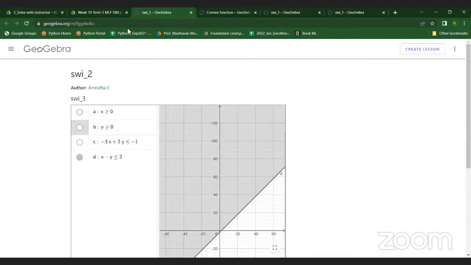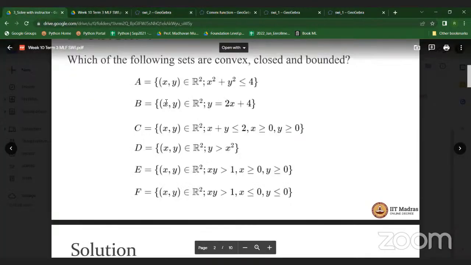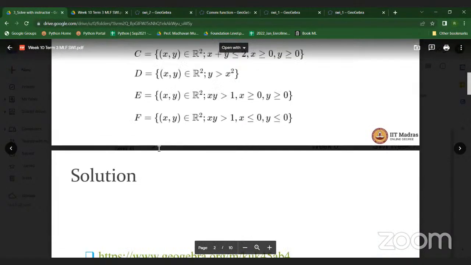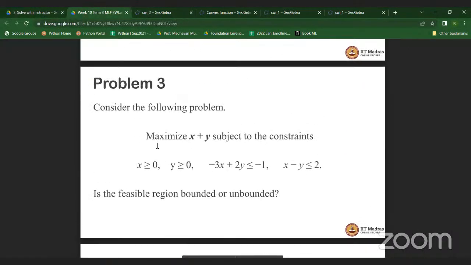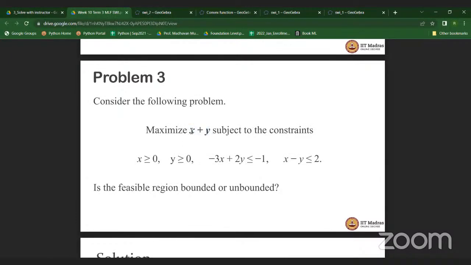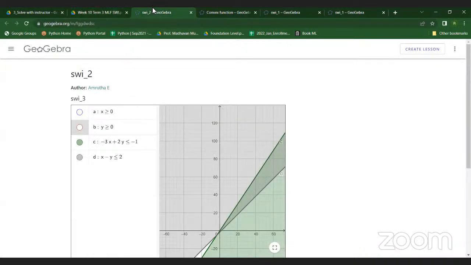And this region will be x minus y less than or equal to 2. This will be this one, all this upper one. If you combine these two, we'll be having this region, the common region between C and D. Then we need to maximize x plus y.